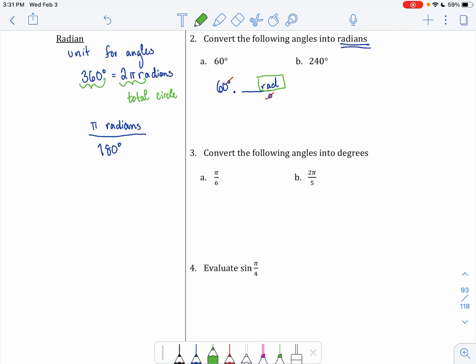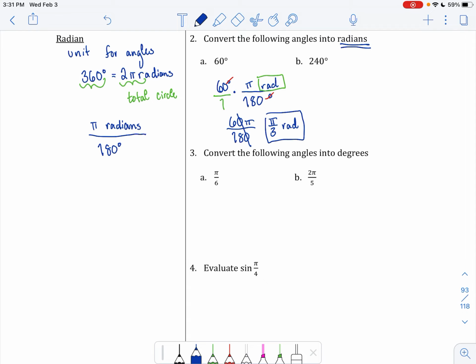Then I just use these conversion factors, put 60 over 1, and say then this is pi over 180, simplify. So 60 over 180, cancel by 10, divide by 6, pi over 3 radians.